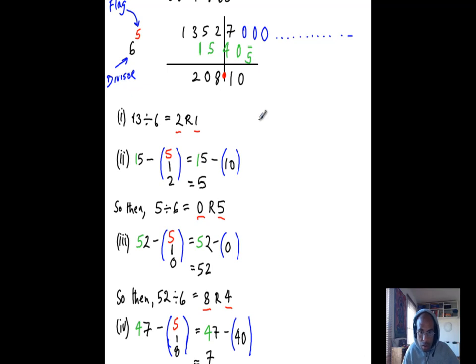Put that in black. Stage 6. We take this, minus 5, 0, and that's really just saying minus 50. Minus 50 take away, make that look like a minus sign. Right, take away, parentheses, we'll just put a flag there, flag of 5.